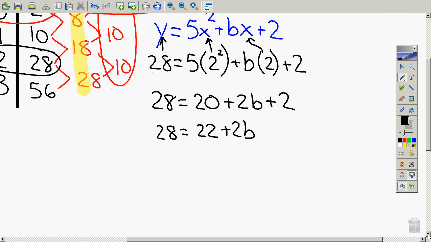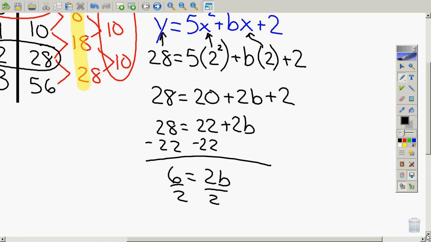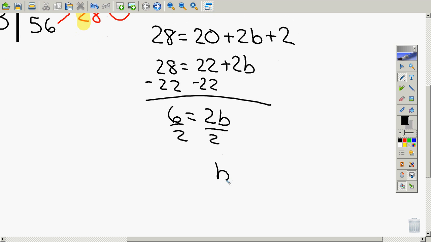Then we would just subtract 22 from both sides, and we end up getting 6 equals 2b. Divide both sides by 2, and you end up knowing that b is 3. So we now know that b is 3.